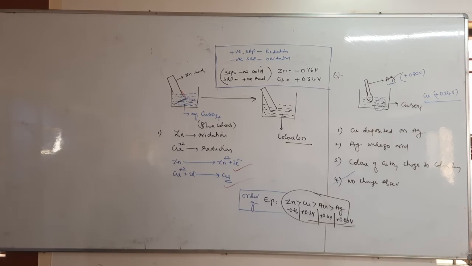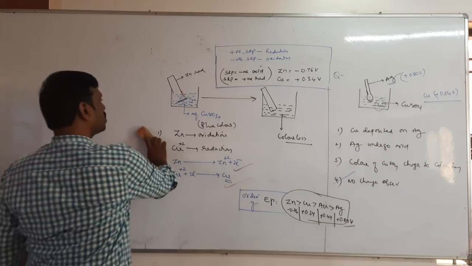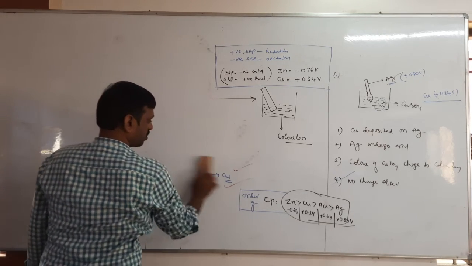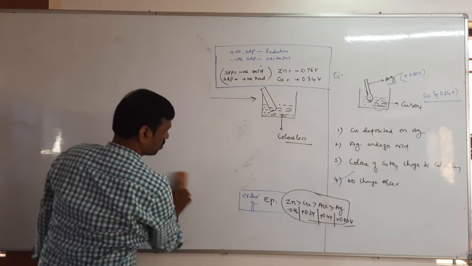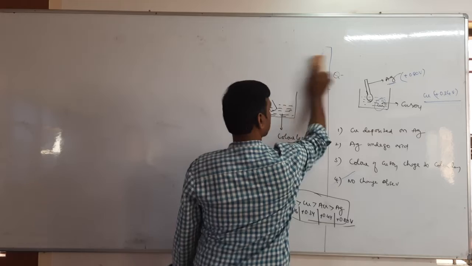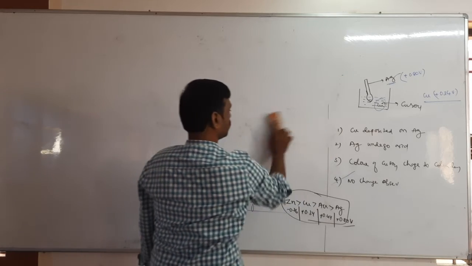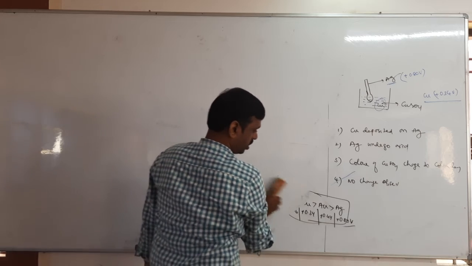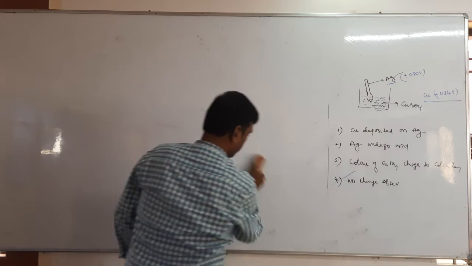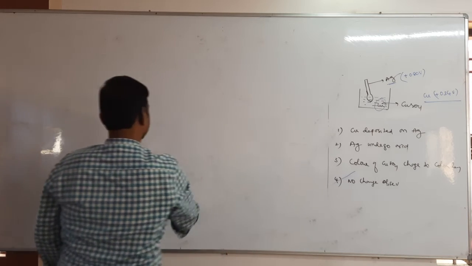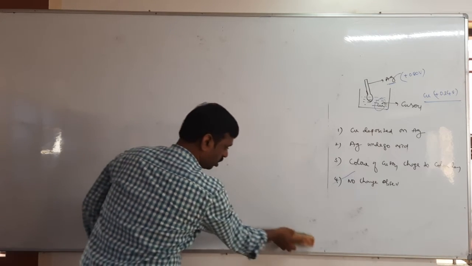Aqueous copper sulfate turns colorless. 4. No changes observed.